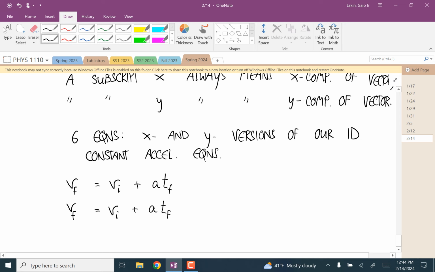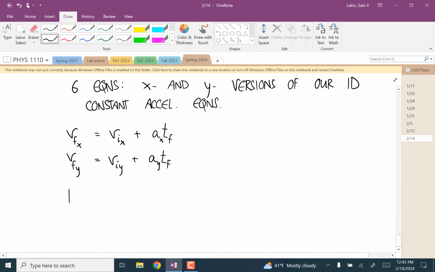So if you think of starting with that original V final equation from 1D, now one of these has all x components on the vectors. Notice there's no components on time. Time final still means the same thing it did before. And then we also have one for the y components. Okay.